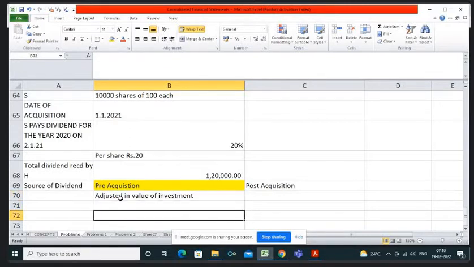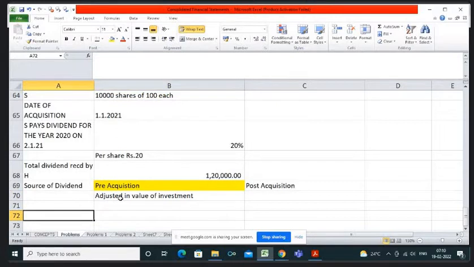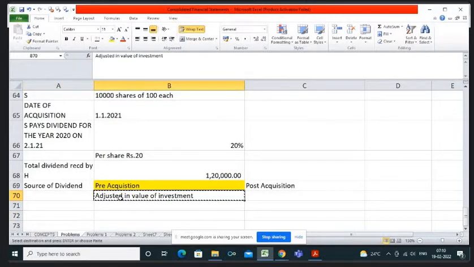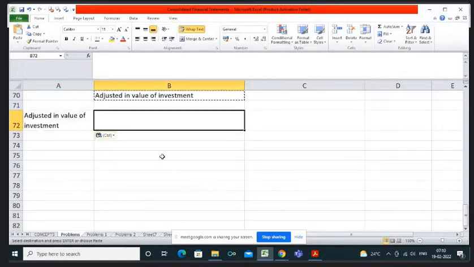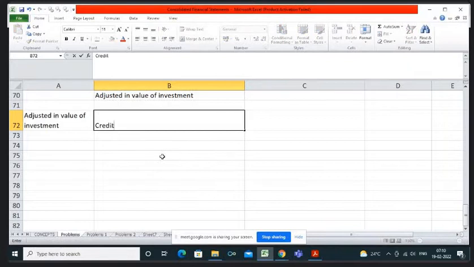So how do we adjust? Adjustment in value of investment means we have to credit the value of investment. Credit the amount of dividend received out of pre-acquisition profit.